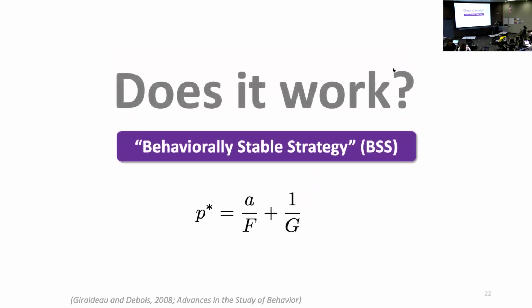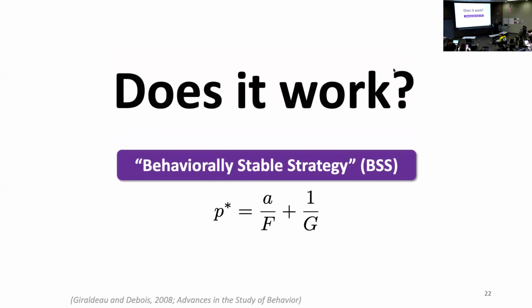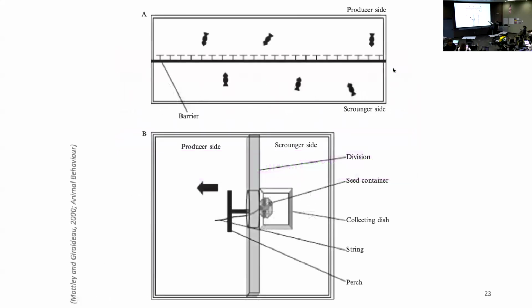Okay. So, does the behavioral stable strategy, does the BSS work? Here's this cute experiment. There are a bunch of interesting experiments that have been done about this. I picked one, but there are different experiments that test it in different ways, and they have similar results. I thought this was a clever experiment.